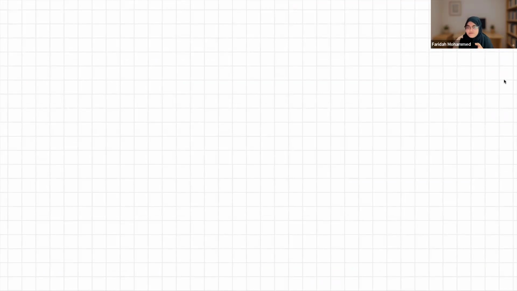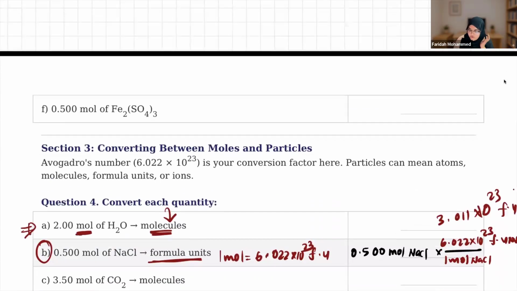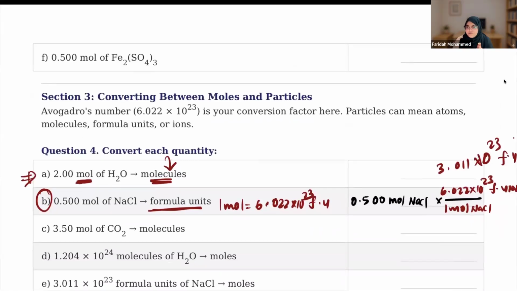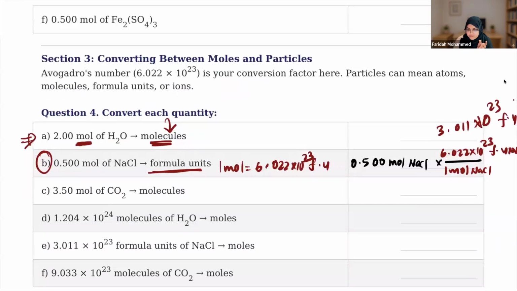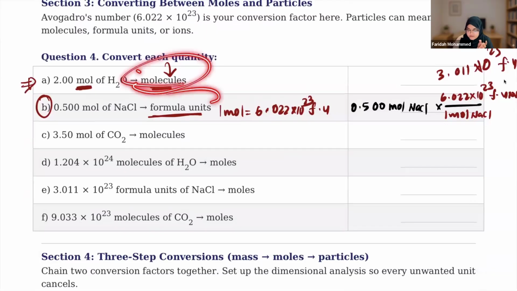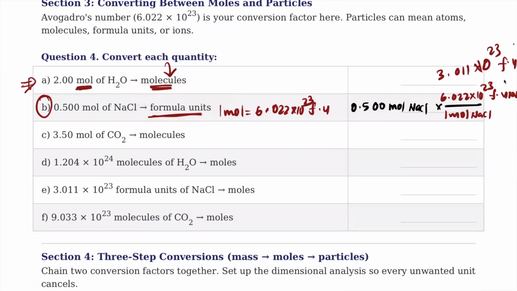These three days, we're just going to go over the calculation part, the conversion part. But we are going to discuss each of these terminologies: atoms, formula units, ions, molecules. Okay? With the calculation part, any questions though?